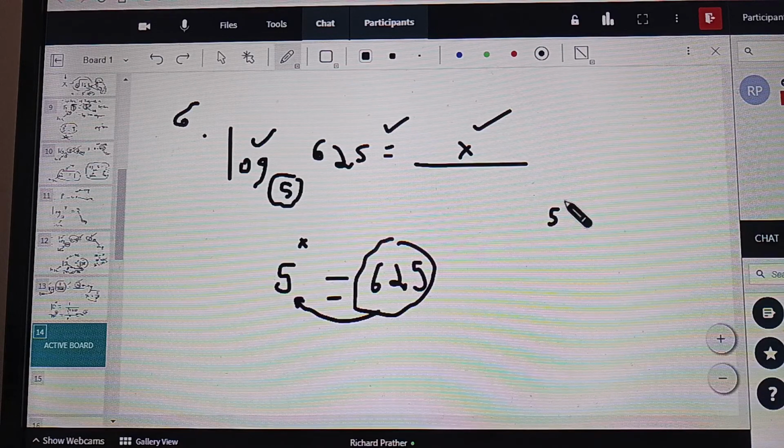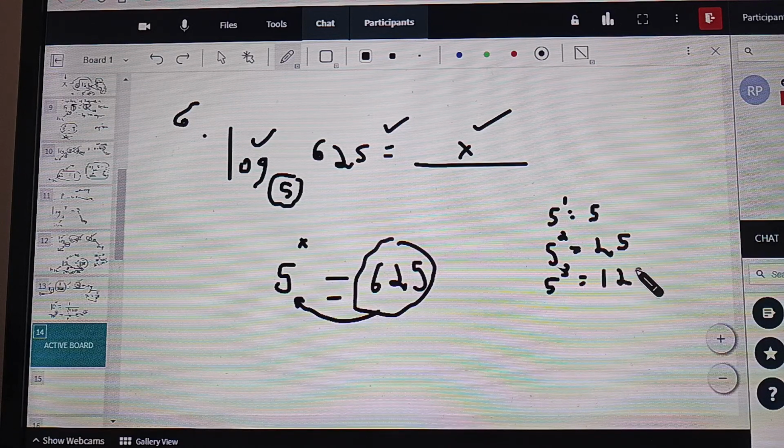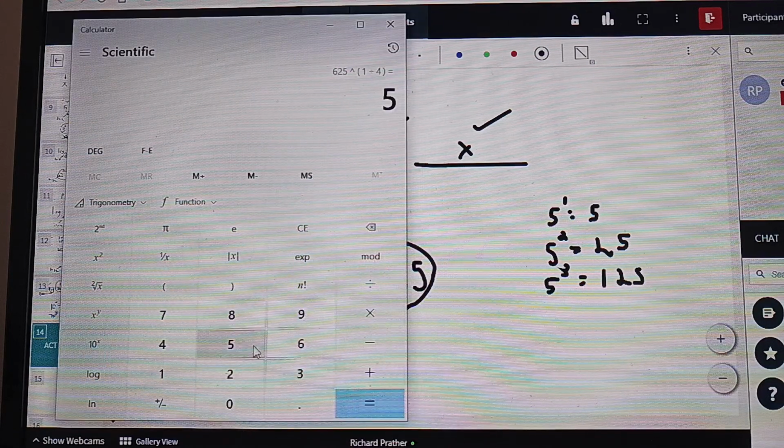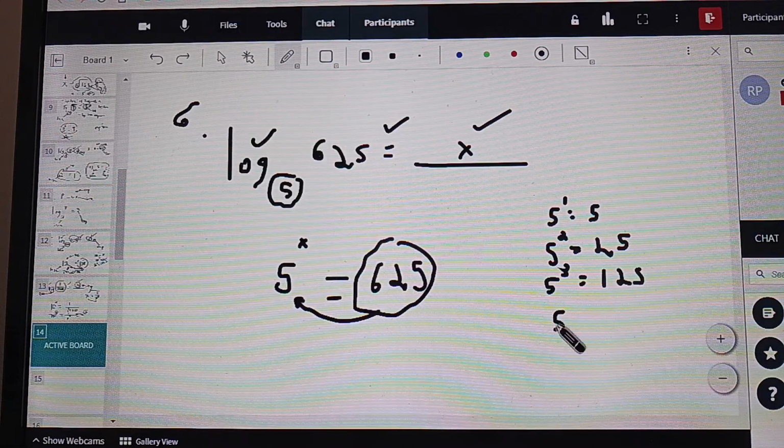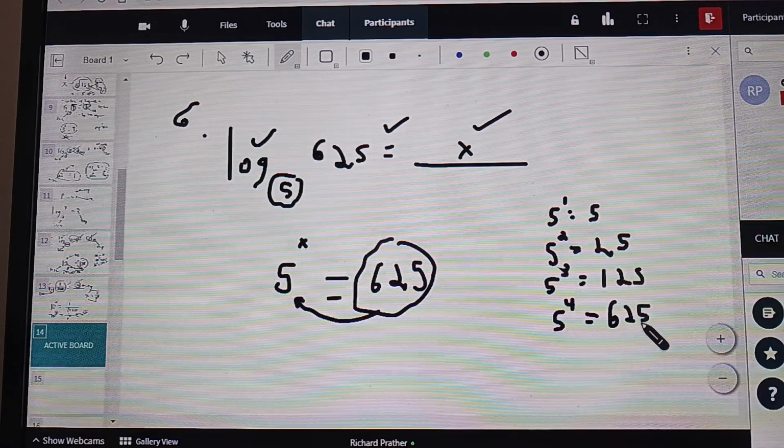Well, let's see. 5 to the first is 5. 5 squared is 25. We saw 5 cubed earlier today. That was 125. So what's 5 to the 4th power? 5 raised to the 4th power? Aha, there it is, 625. So once you know the smaller base, this is the first strategy you should try, is can I keep increasing the exponent by 1 until I get this bigger number?